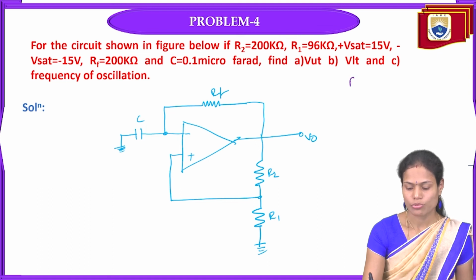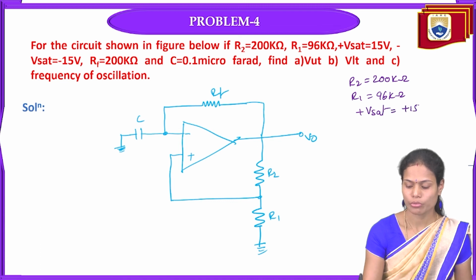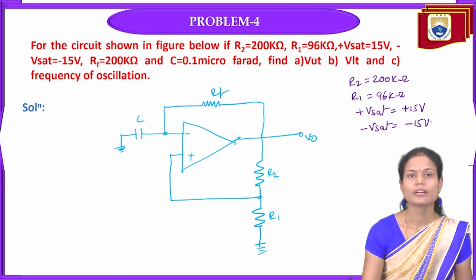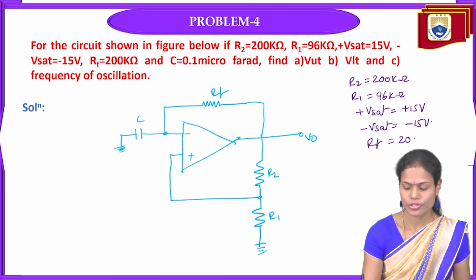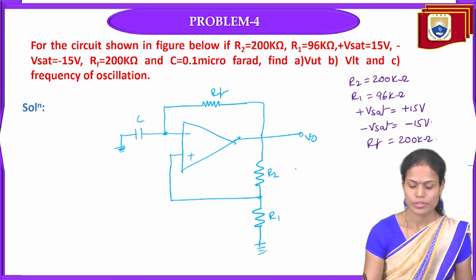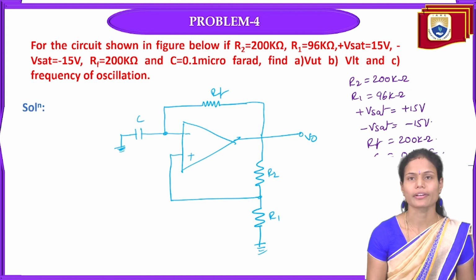So the given values are R2 equal to 200 kilo ohms, R1 equal to 96 kilo ohms, plus Vsat equal to plus 15 volts, minus saturation level equal to minus 15 volts, the feedback resistance value is 200 kilo ohms, and the capacitance value is 0.1 microfarad.